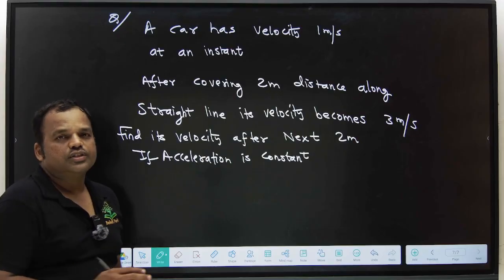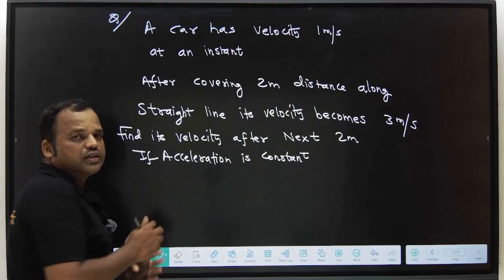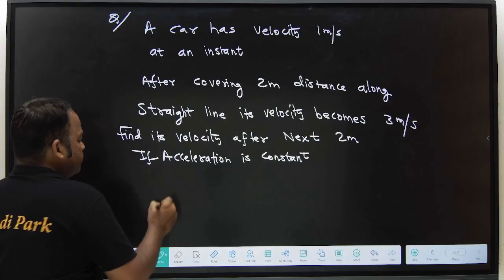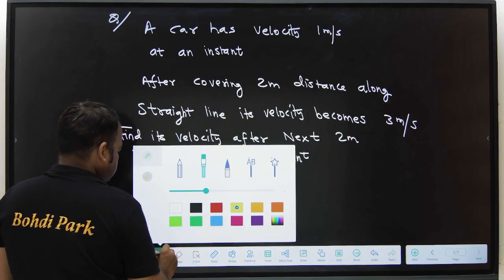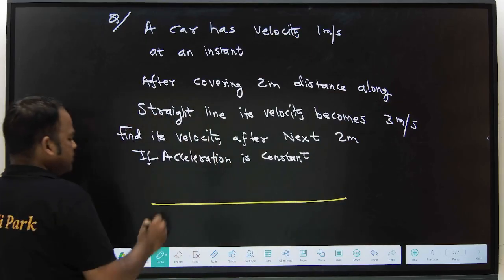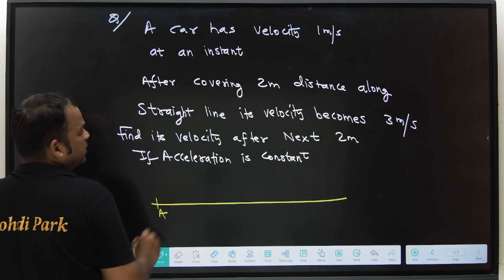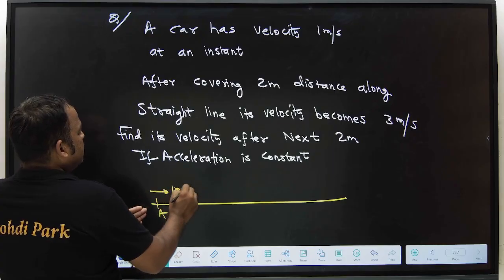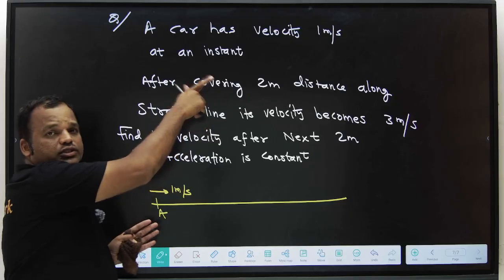So to solve this question, to apply the shortcut method of V square minus U square is equal to 2AS, we have to consider a line. So this is a line segment. Let's consider point A. So the velocity at point A is 1 meter per second as mentioned in the question.